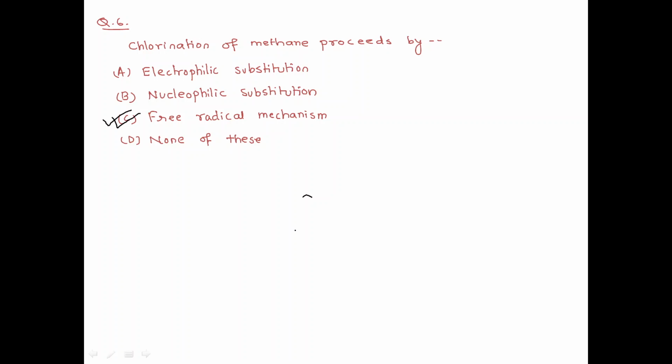So how does it happen? There is methane, and if you use Cl2 and hν, first you get CH3Cl. Methane has a tetrahedral structure, as you know, and here there is a Cl–Cl.